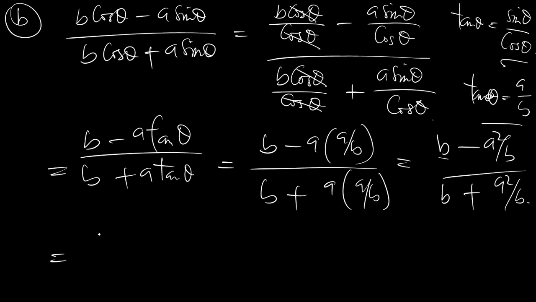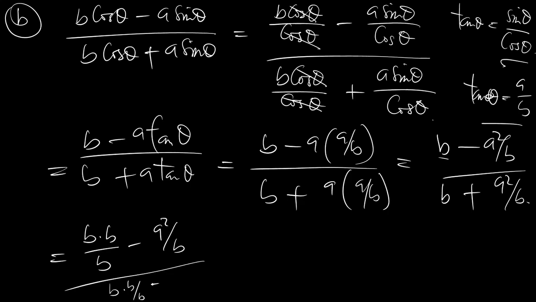Now this B is the same thing as saying B times B all over B, minus A square all over B, all divided by, here this B is the same thing as B times B divided by B plus A square divided by B. So what I did here is to make the denominators the same. So B times B is equal to B square.